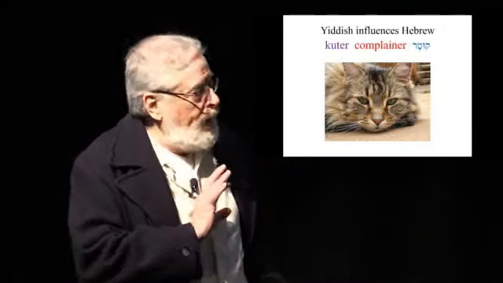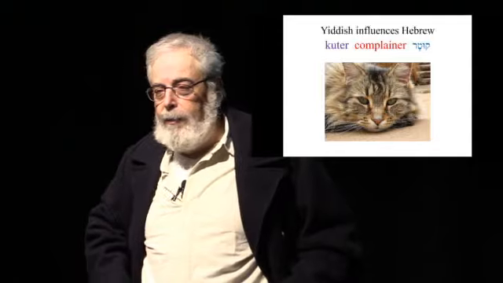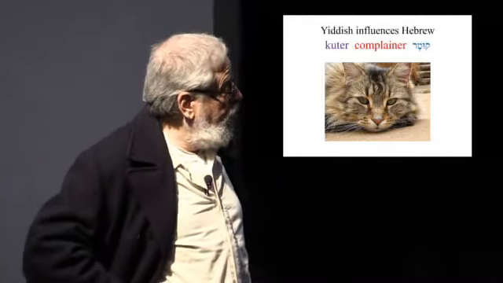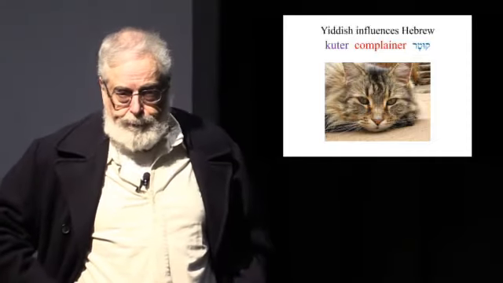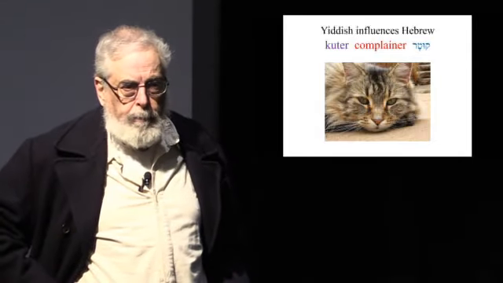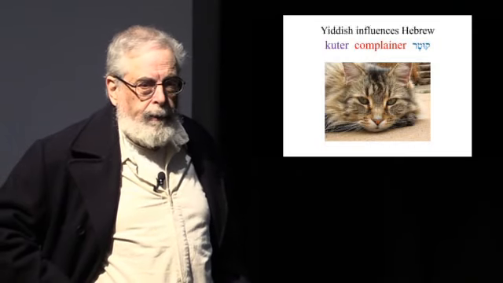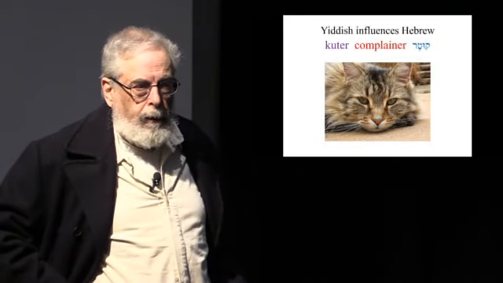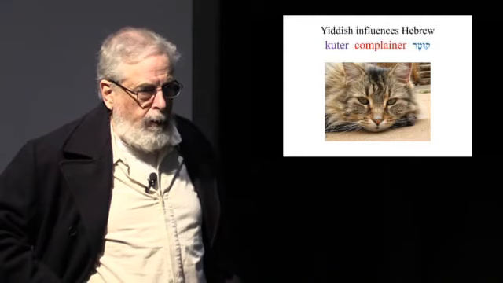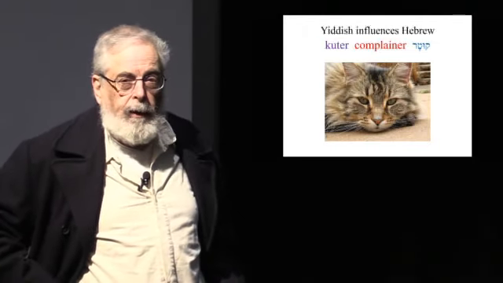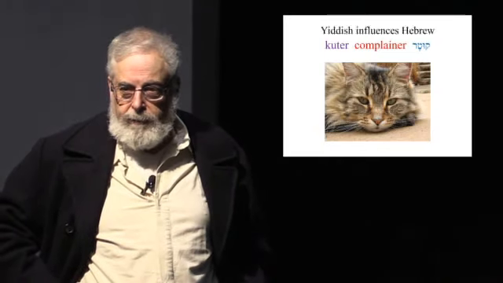There is here one interesting example. You see here a cat. Kuter is a male cat in Yiddish. And the idea is that a male cat, when he wants his female, is whining.